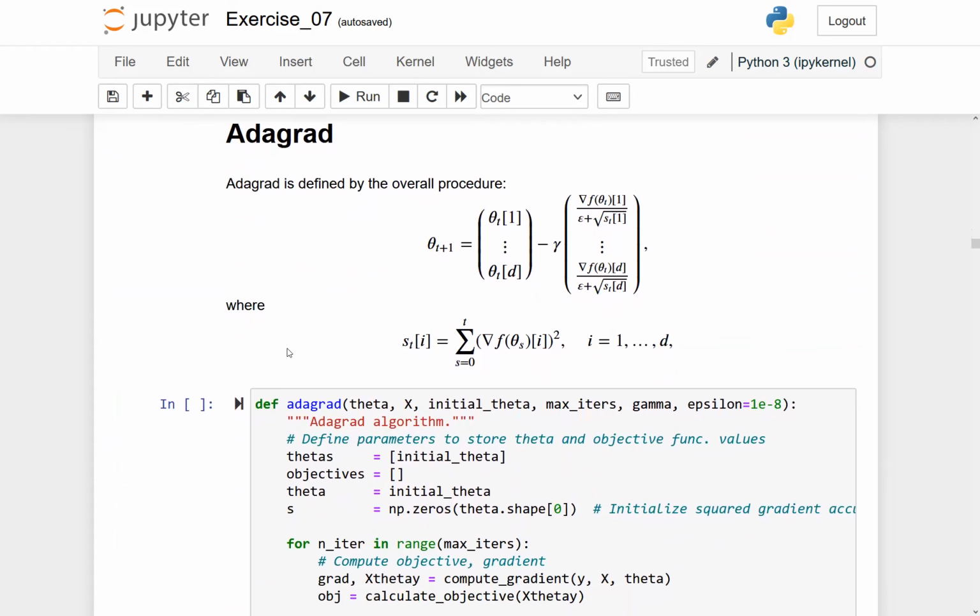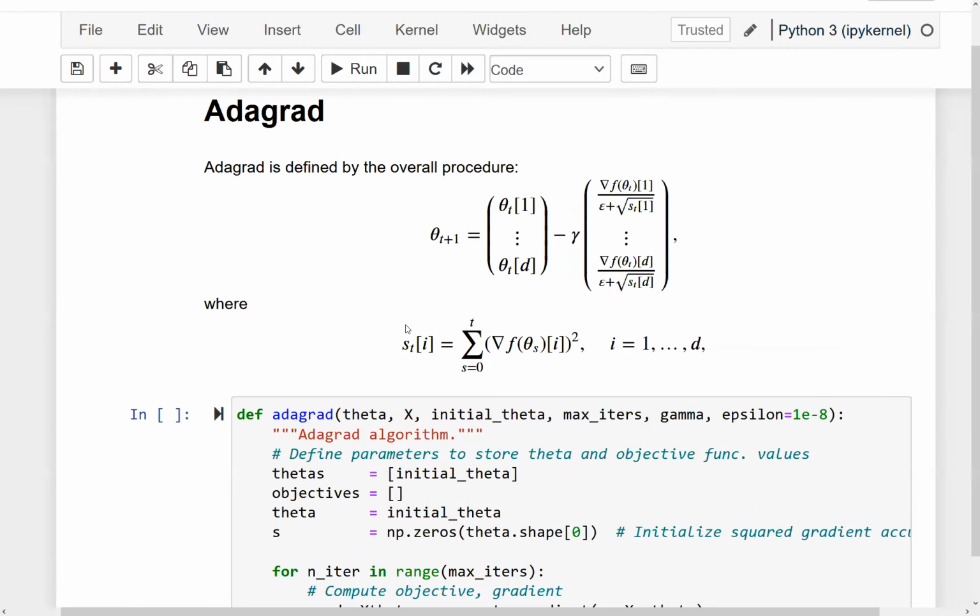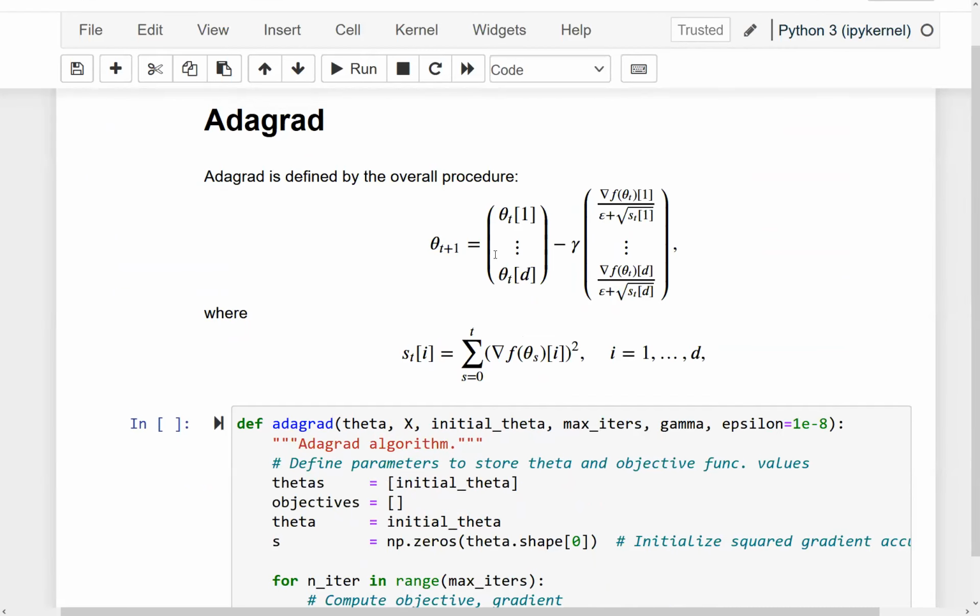Adagrad. What is Adagrad doing? Well, the overall procedure is similar. The only difference is that we have to do a calculation or a division component-wise.